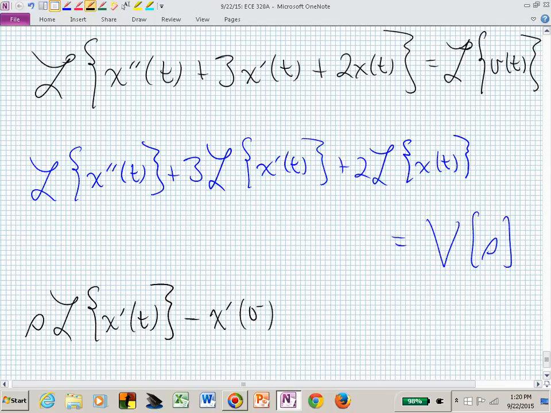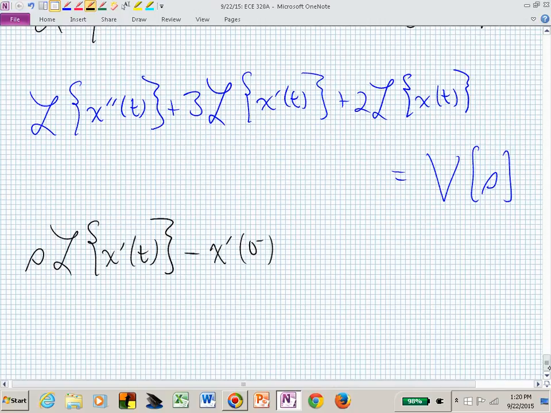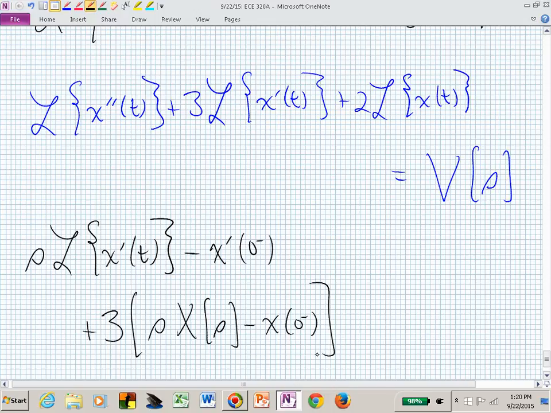That's the first piece of this left-hand side. We still have more to go because we don't want to leave that derivative in the Laplace transform, and now we know how to Laplace transform that expression. What's the second piece? We have plus 3. Now we do have just a single derivative. That's s times capital X of s minus x of 0 minus plus 2 times X of s equaling V of s.